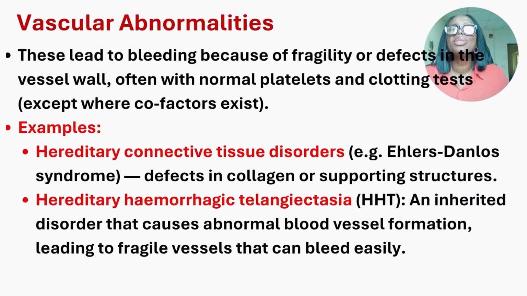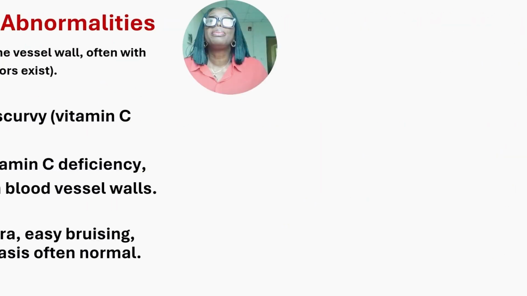With this defect, the individual ends up developing abnormally elastic skin, and this affects the blood vessels, leading to bleeding tendencies. We have what we call hereditary hemorrhagic telangiectasia, HHT. This is an inherited disorder that causes abnormal blood vessel formation, leading to fragile vessels that can easily bleed.